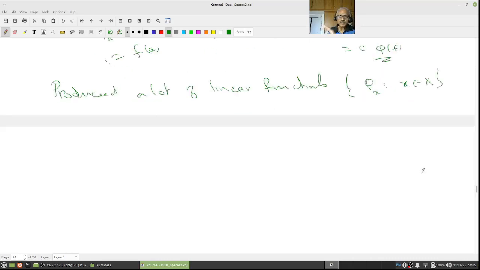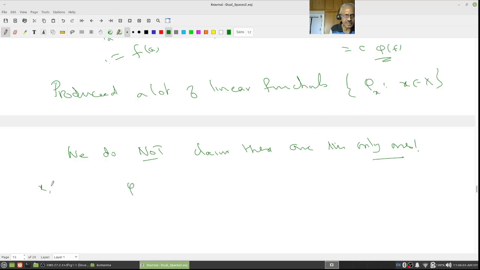We are not claiming these are the only ones. For example, since these are linear functionals, then for x and y in capital X, I can define phi_x plus phi_y. At f it will be phi_x of f plus phi_y of f, that is f(x) plus f(y).